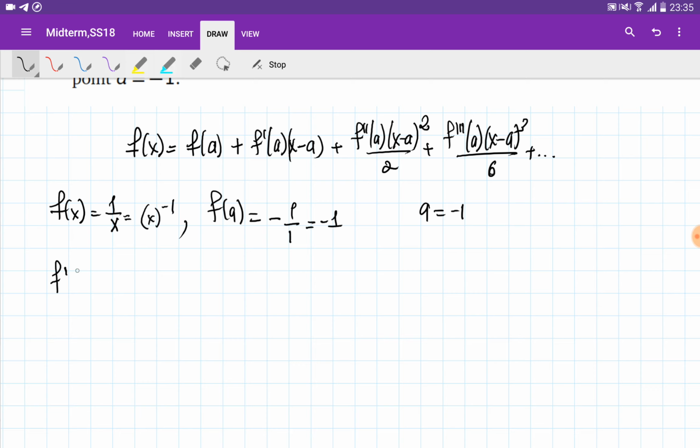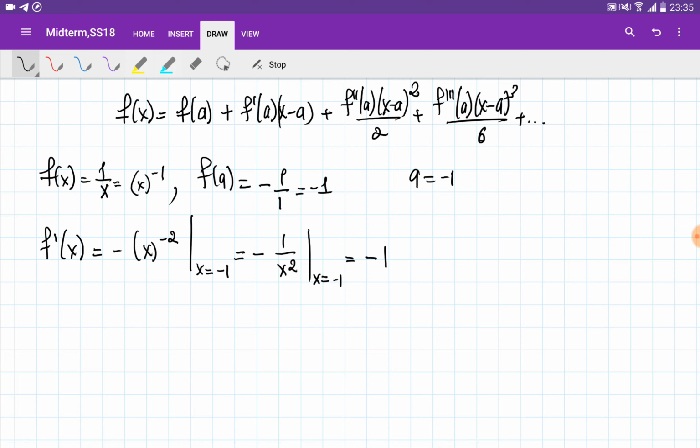When we take the first derivative of this function, this is going to be minus 1 multiplied by x to the power of minus 2. We need to evaluate this when x is equal to minus 1, right? This is going to be minus 1 over x squared. Evaluated at x equal to minus 1, this is going to be simply minus 1.